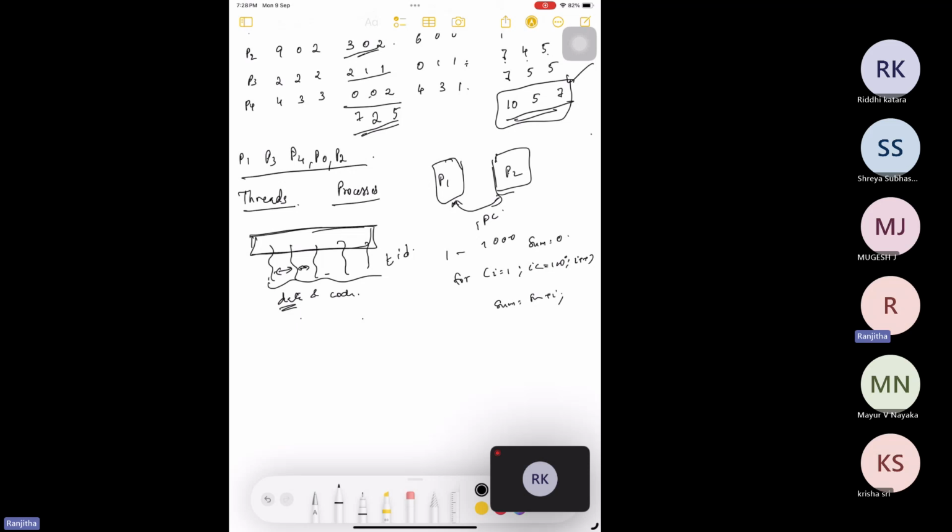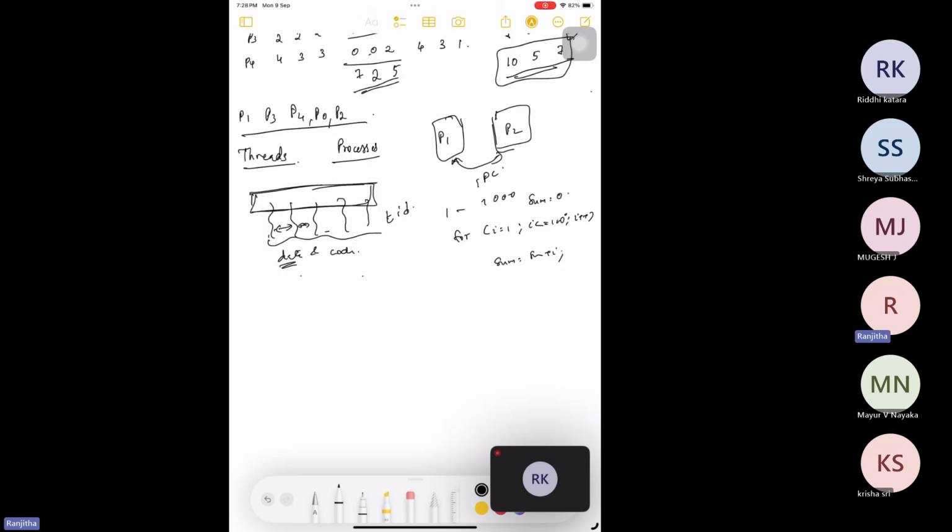Since 1000 is a small number, this will happen quickly. But if we take a very large n, like a billion, this looping will take time. Instead, we can parallelize this task and split it into i equal to 1 to 250, then 251 to 500, 501 to 750, and 751 to 1000.